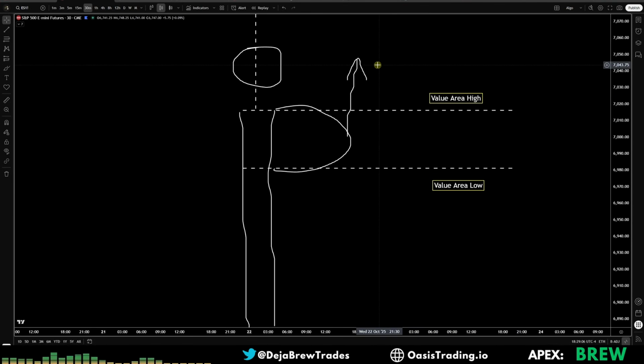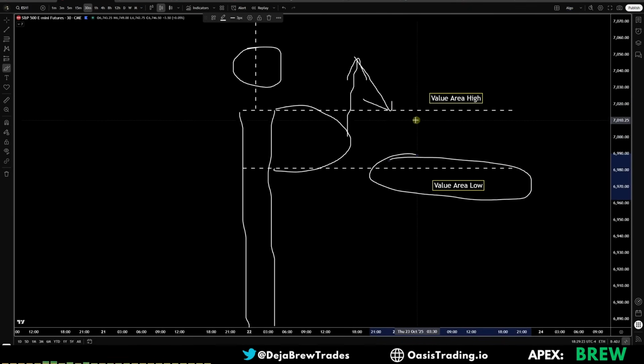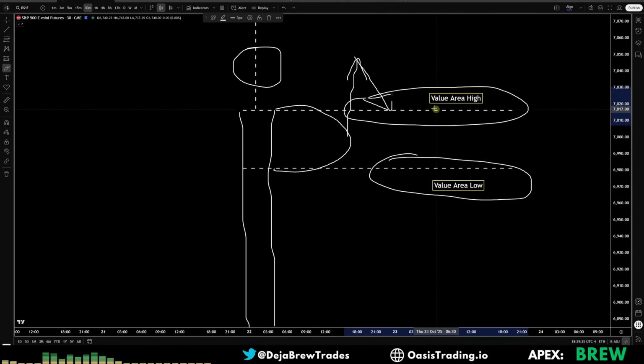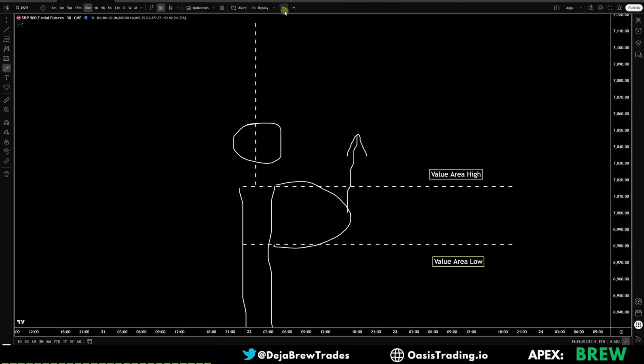Then, in my case, like I said, I'm more of a reversal trader. So I want to see that on kind of a pullback, on a rebound back into that value area high. So if I missed that initial reversal kind of around the value area low, I want to find that reversal on the value area high, meaning reversing back into the buy side.